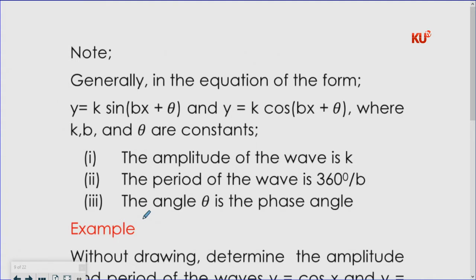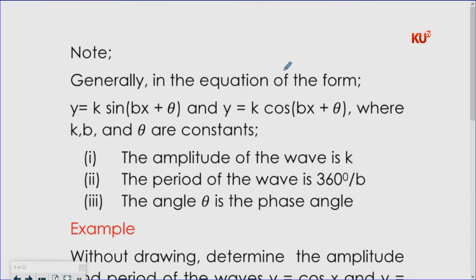So you don't have the graph, you've just been given a function and you are asked to find the amplitude, the period, and the wave. So this example will help us understand how we can go about such kinds of questions.